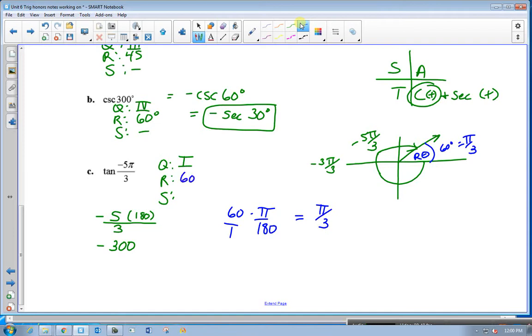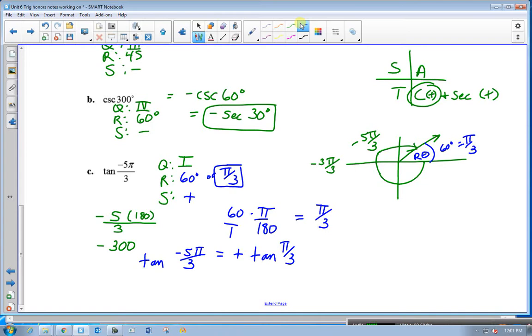And then, since we're doing cofunctions, I'll probably keep it as pi over 3. We're in radians. And the sign is positive because we're in quadrant 1, right? So the tangent of negative 5 pi over 3 is equal to positive tan pi over 3, which you know is 60.